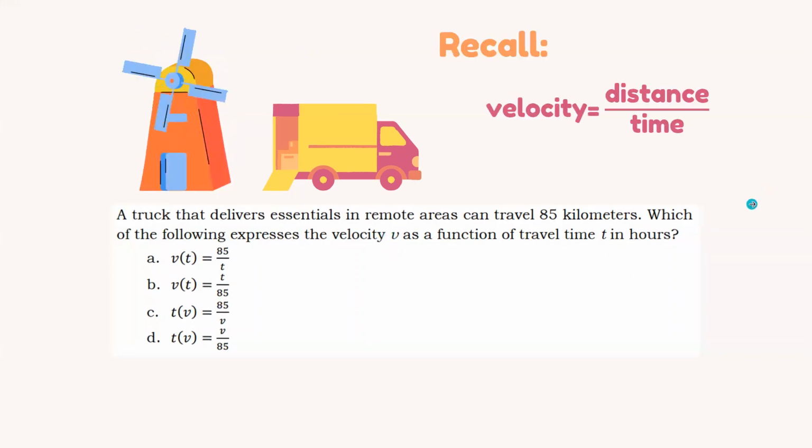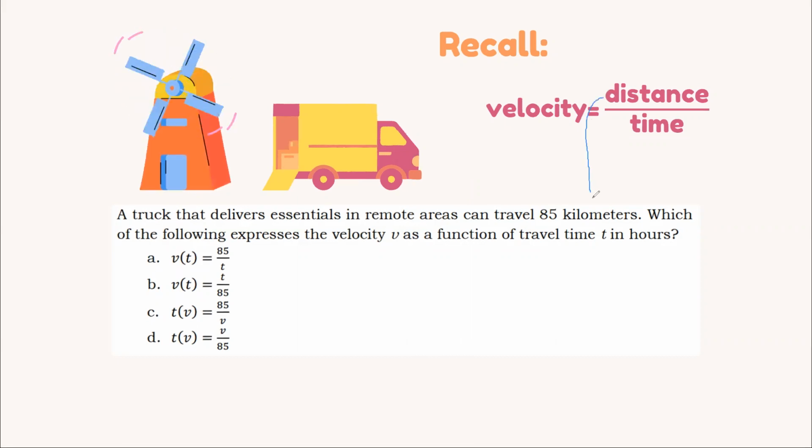Now recall that velocity is equal to distance over time. So in this case, from the problem statement itself, the distance is 85 kilometers from our given. And our travel time is t in hours. So what does that look like in function form?